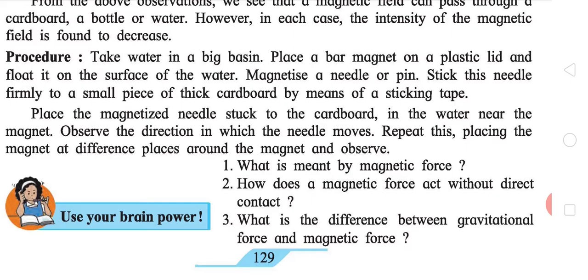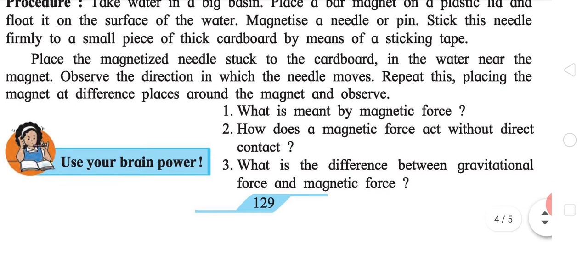Place the magnetized needle stuck to the cardboard in the water near the magnet. Observe the direction in which the needle moves. Repeat this, placing the needle at different places around the magnet, and observe.